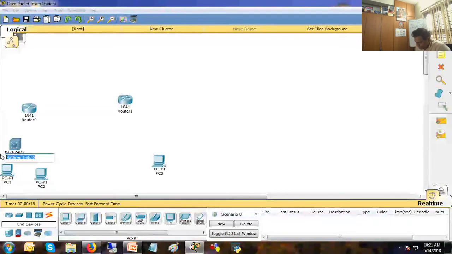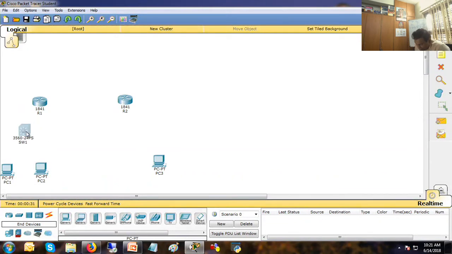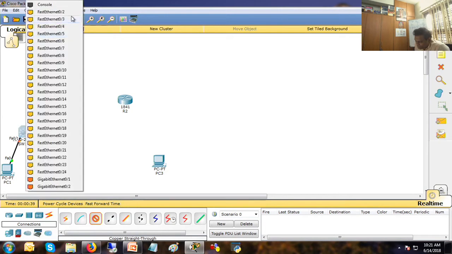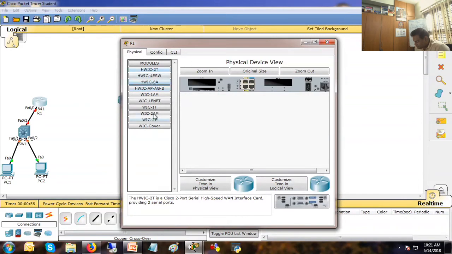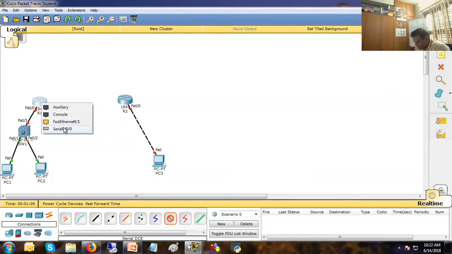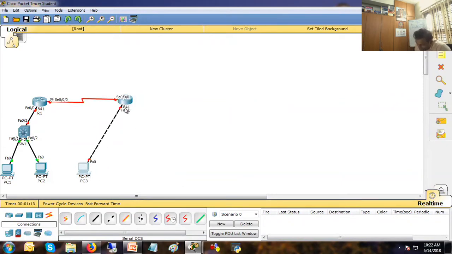Router 1. Okay, ready. Next. Sending IP address from PC.